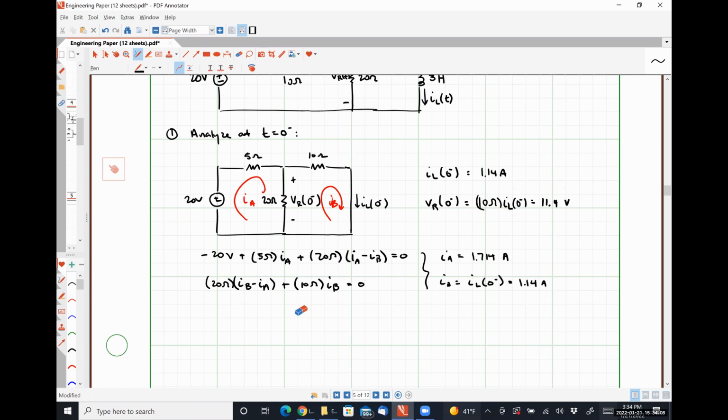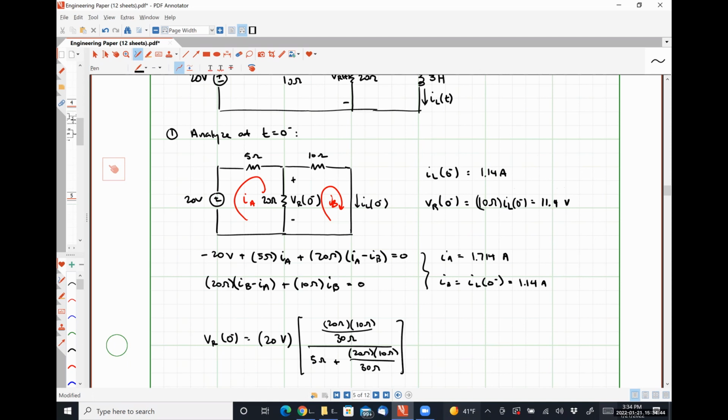But using voltage division to get VR first, we would see that VR of 0 minus is 20 volts times 20 ohms times 10 ohms over 30 ohms divided by 5 ohms plus 20 ohms times 10 ohms over 30 ohms.